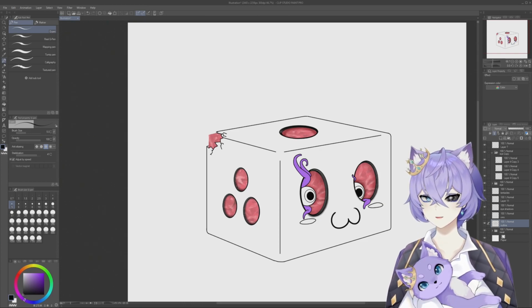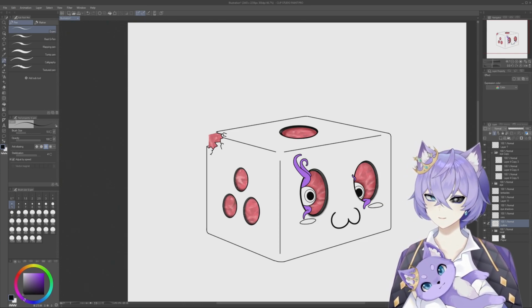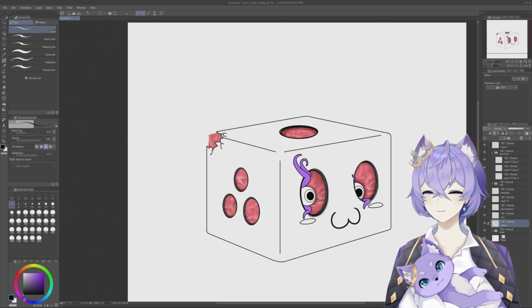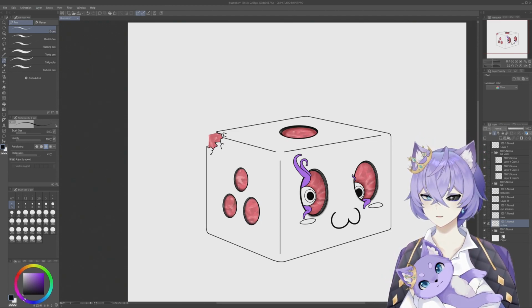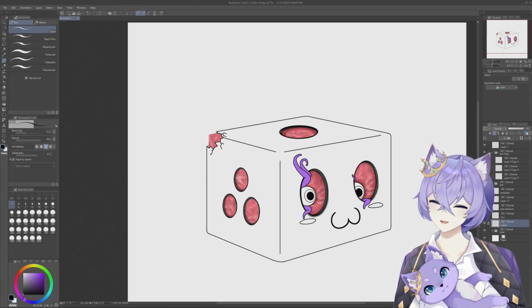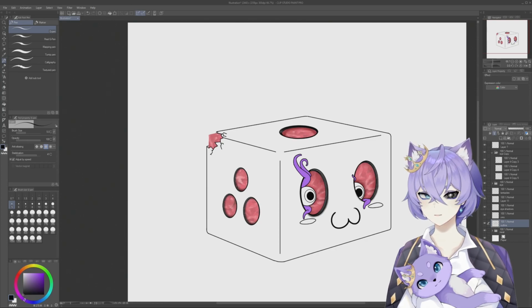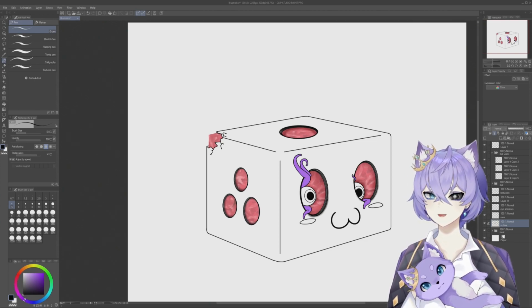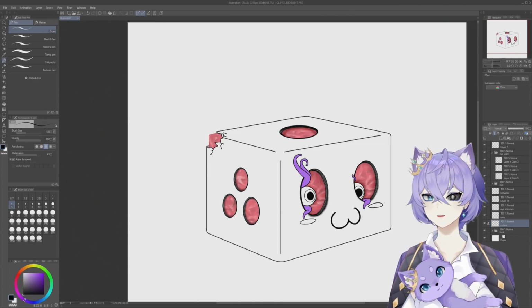Let's see. What else can I put a crack in? Technically speaking, that's also where we can start introducing slime. I'm just trying to think of ideas.